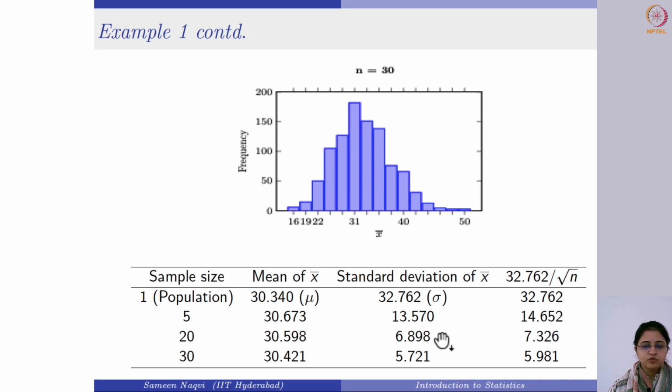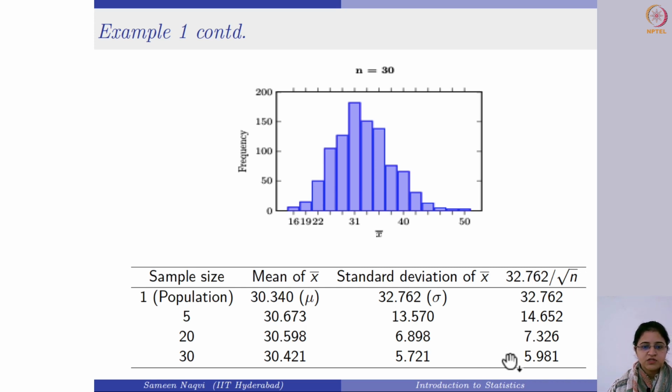Likewise, if you move to size 20 samples, again you see that the mean is approximately the same, whereas the standard deviation of X bar is becoming this, which is again 32.762 divided by root 20. Likewise for the third one.